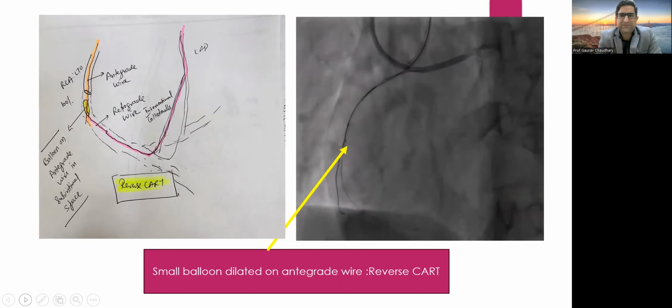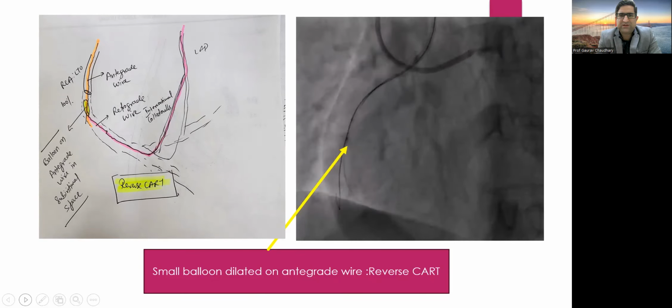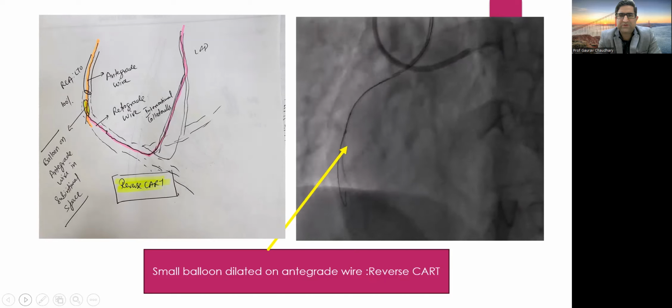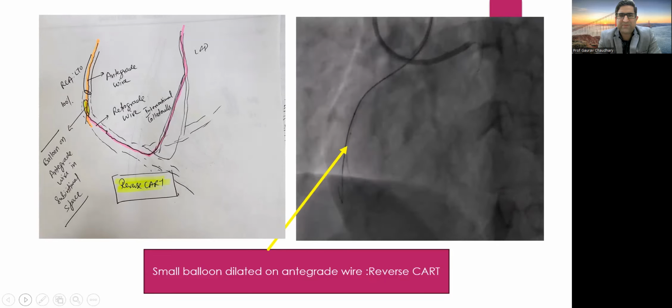After multiple negotiations, initially the wire was not going, but we were able to put this wire into the antegrade guide.